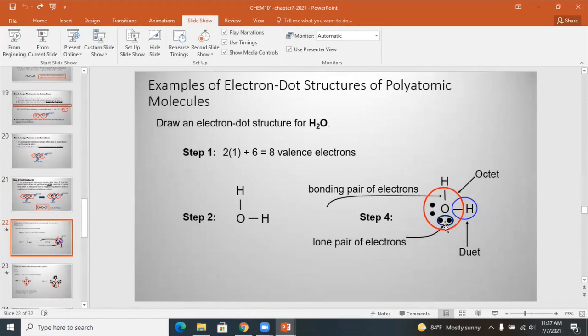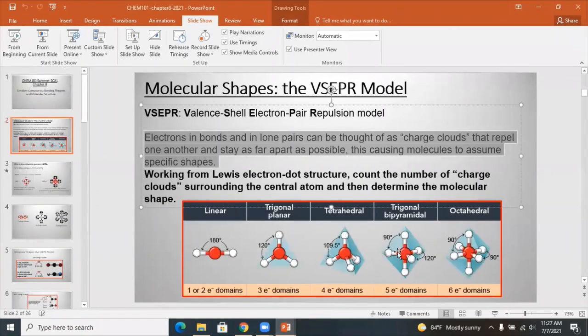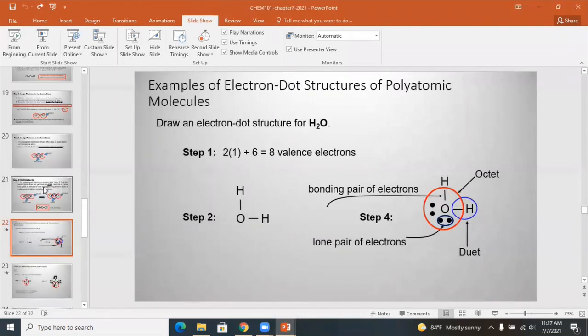Each lone pair counts as one charge cloud. So one charge cloud, one charge cloud, one charge cloud, one charge cloud, and that will result in four charge clouds. So water is going to have this cloud geometry, four charge clouds. So this is a cloud geometry based on the number of bonding clouds and non-bonding clouds. And as you can see, I went back to chapter 7.